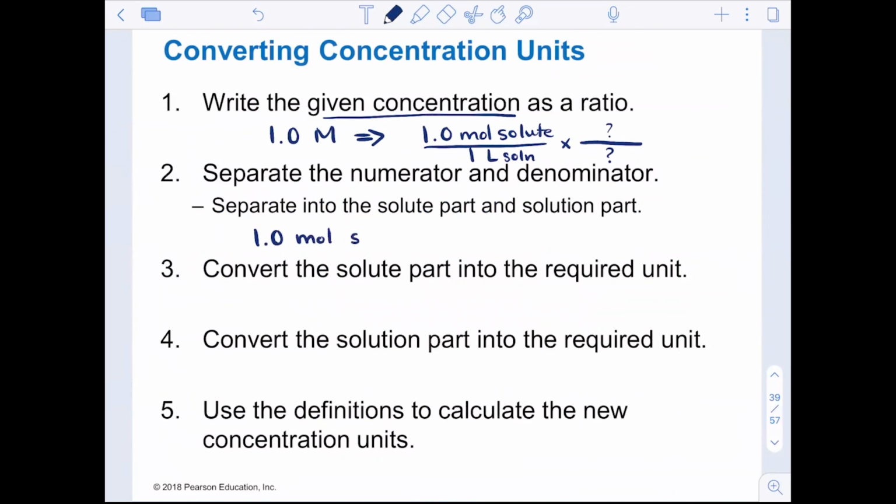We're going to assume that we have 1 liter of solution, and therefore we have 1 mole of solute. All right, so we might even need to separate these to convert them, the solute part and the solution part. And then we can convert them separately, which is what 3 and 4 are describing. And then we'll define a new set of units.